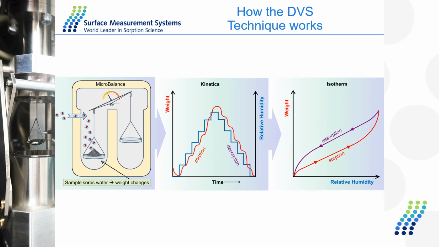We wait for the mass to reach equilibrium, and then we move to the next stage, going from 0 to 90% and back to 0. We record the mass change at each stage, and then we plot an isotherm of absorption and desorption by plotting the mass at equilibrium at each stage against the relative humidity.